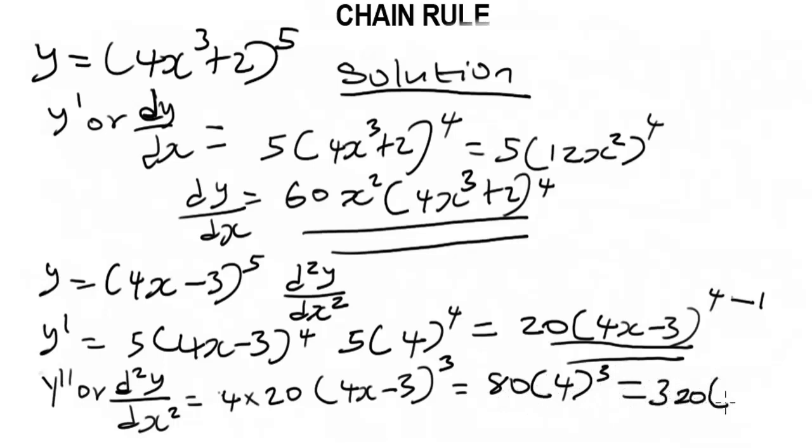So bring back the original value of the bracket, 4x minus 3, bracket close, raised to power 3. So this is the final answer, the second derivative: 320 in bracket 4x minus 3, bracket close, raised to power 3.